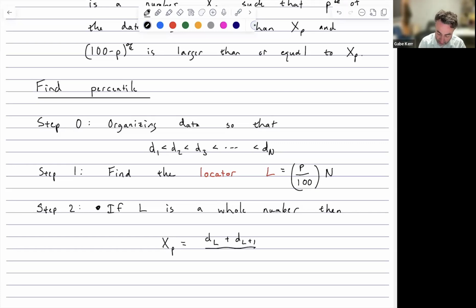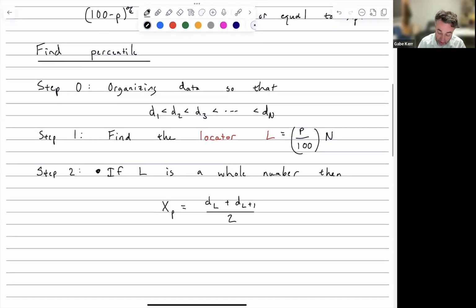We divide by 2. That's our pth percentile. Most of the time, L will not be an integer, but sometimes it will.